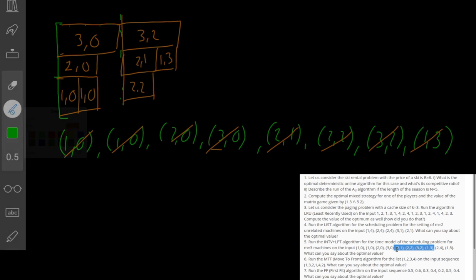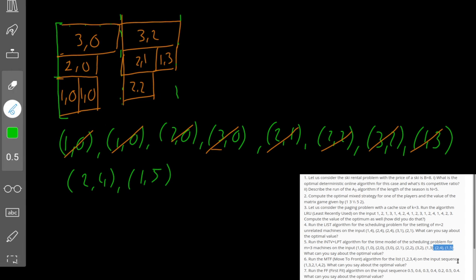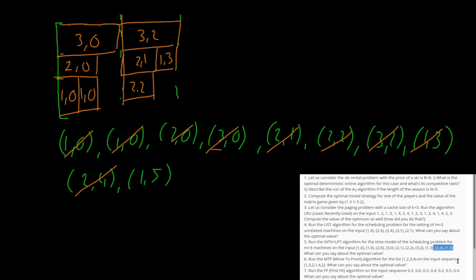Okay, we just scheduled all of these things, so I'm just waiting till time point 6, and till time point 6 the jobs 2, 4 and 1, 5 have arrived. And if I'm running the LPT int_v plus LPT algorithm, then I will process this guy first because that's the larger amongst these two jobs, 2, 4, and then I will get this 1, 5.